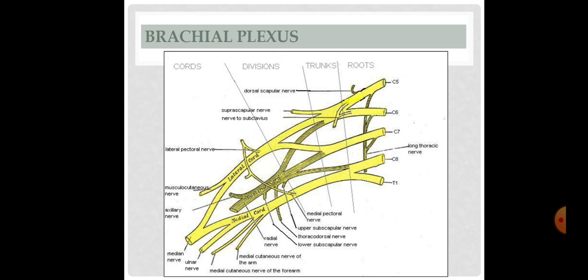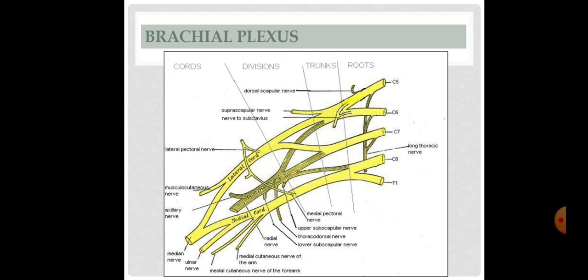Here a question may be asked about the position of the roots, trunks, divisions and cords. The roots of the brachial plexus are located between two muscles, scalenus anterior and scalenus medius. In between these two muscles, the roots lie.